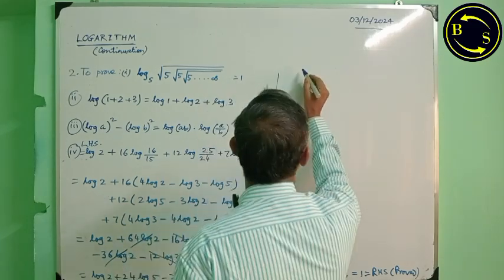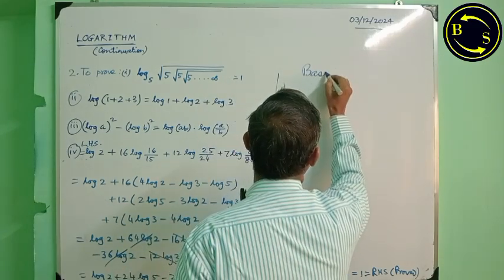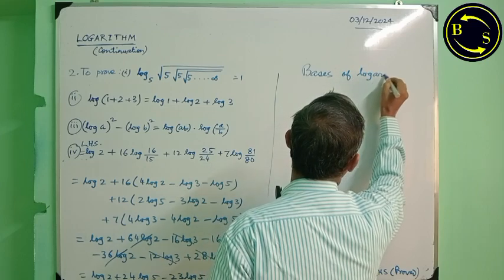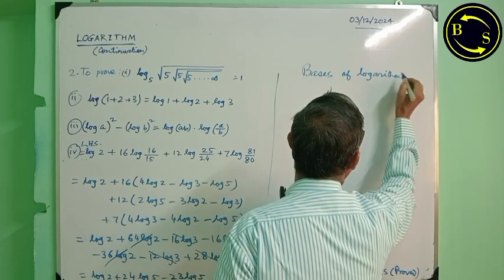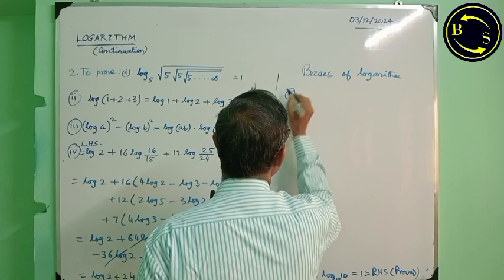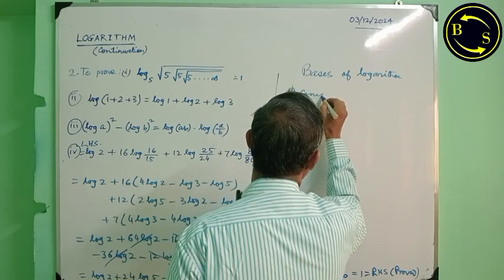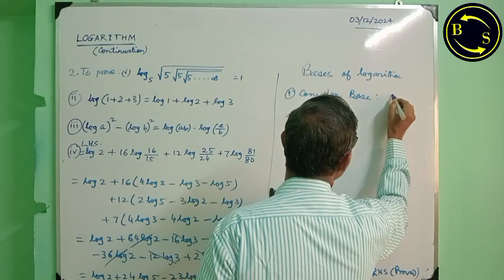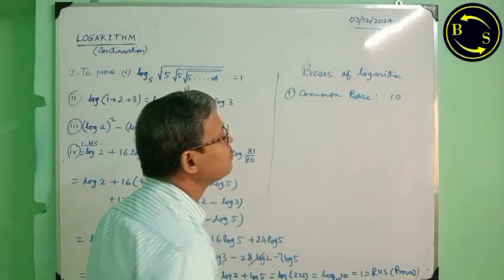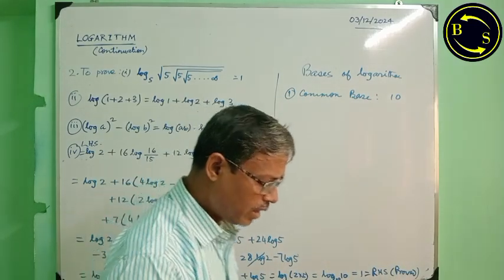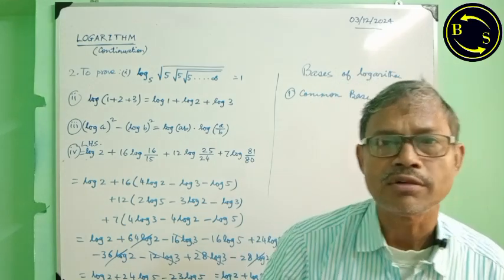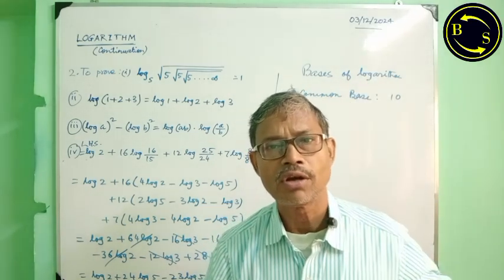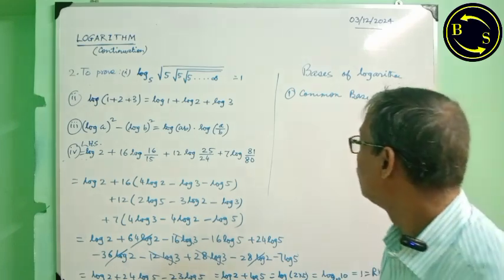Now I discuss this matter, bases of logarithm. First of all, common base, which is 10. Generally, in case of algebra, if base is not mentioned, the base of the concerned logarithm will be 10.